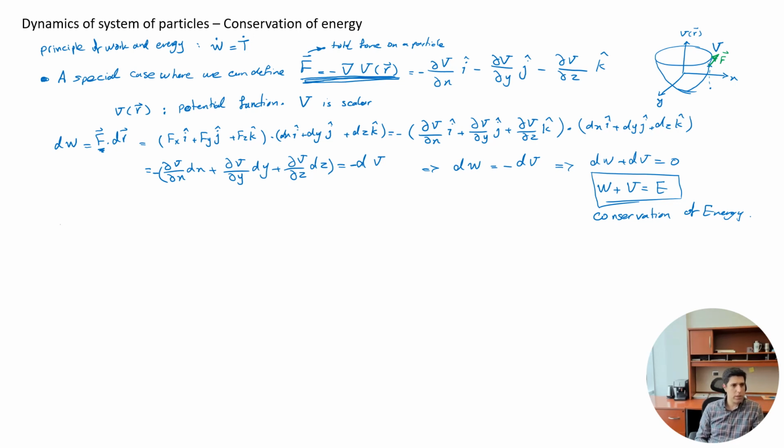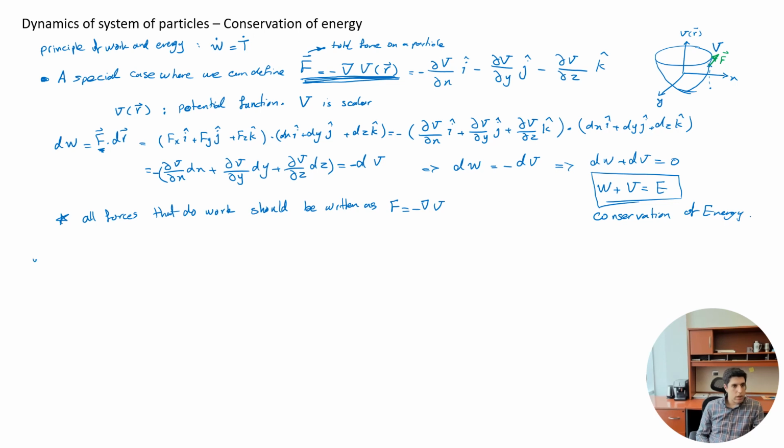And it is important to note that all forces that do work should be writable as the gradient of a potential function. In that case, the energy of the system remains conserved. Well, mechanical energy.